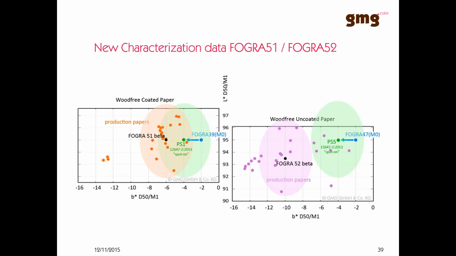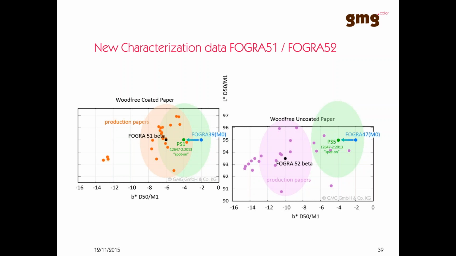Most probably, right now in discussion with FOGRA and with the printers, we are considering having at the end more candidates or more characterization data sets for this PS5, for this wood-free uncoated paper class, because the book printers will need a characterization data set on the yellow side.